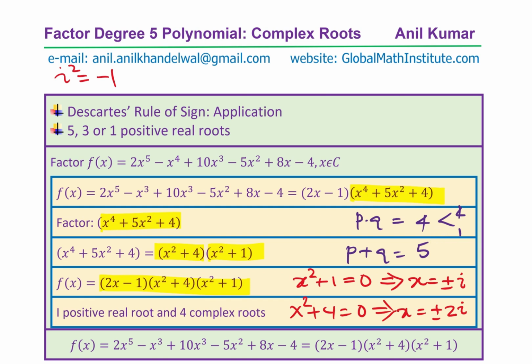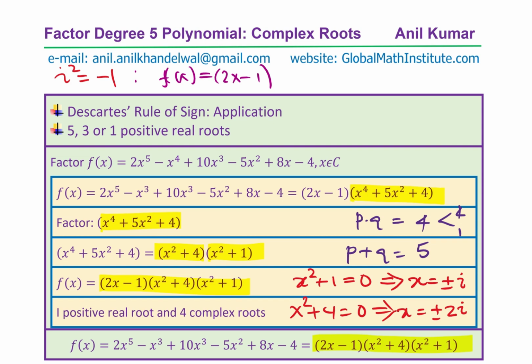Do you see that? Well, for benefit of most of our students who do not really understand complex numbers so well, I've written the factored form 2x minus 1 times x squared plus 4 times x squared plus 1. And for others who understand the factored form, we could write this function as, let me write f of x as equal to 2x minus 1.